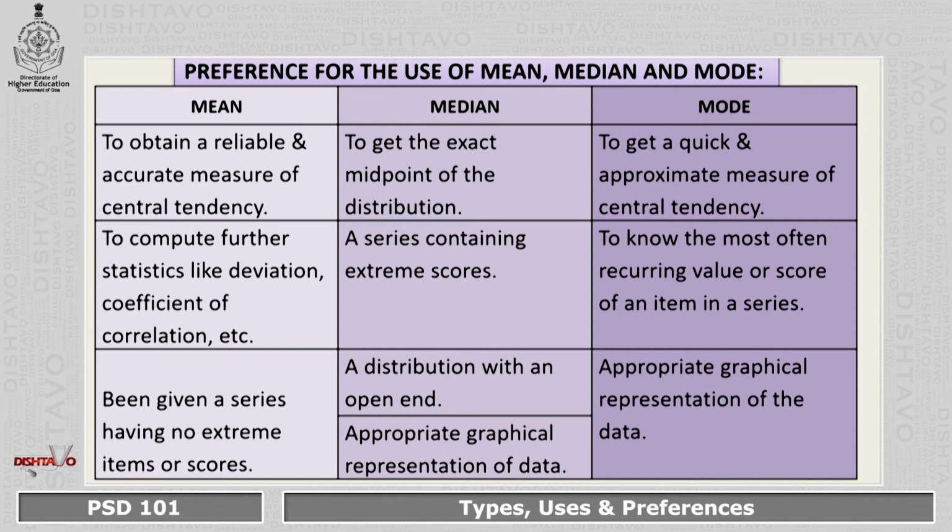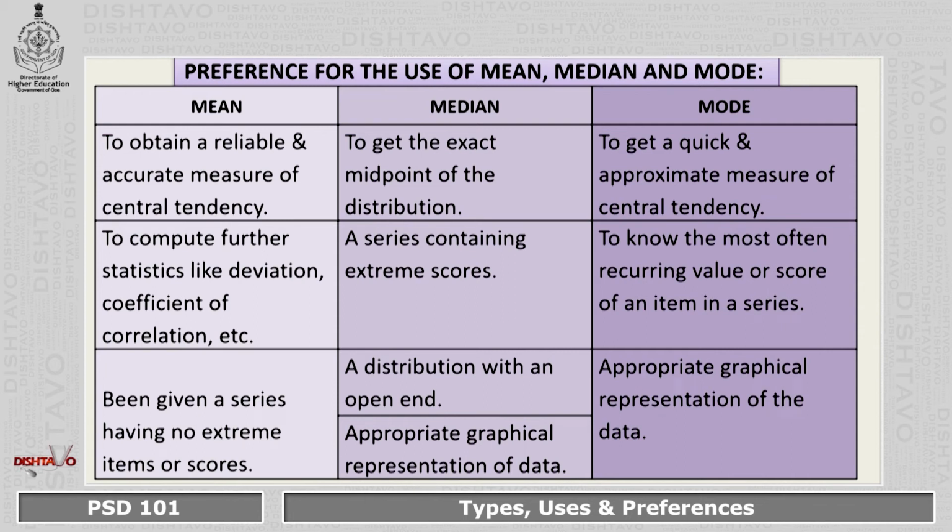When do we prefer to use the median? When we want to get the exact midpoint of the distribution, the measure of central tendency we have to prefer is the median. We also prefer to use the median when we have a series containing extreme scores.